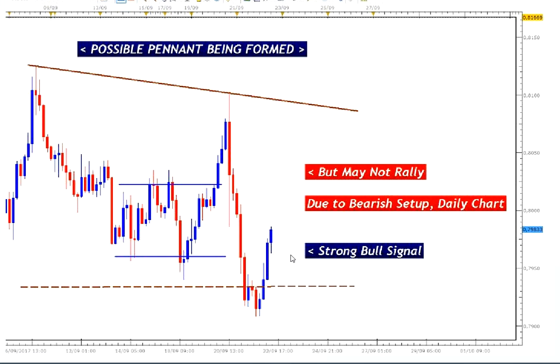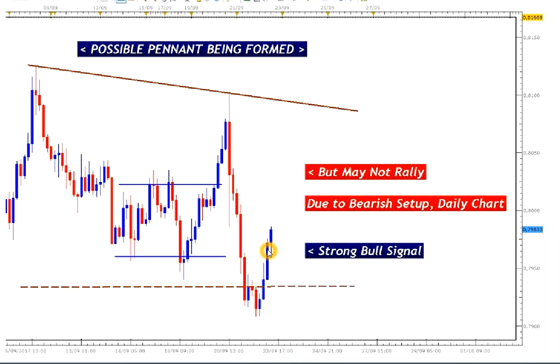So that is why, even though the 4-hour chart had given us a strong U-turn and a strong bullish signal, it was very unlikely that the market was going to rally in response to this signal, because it was in conflict with what was more likely to be the scenario on the daily chart.